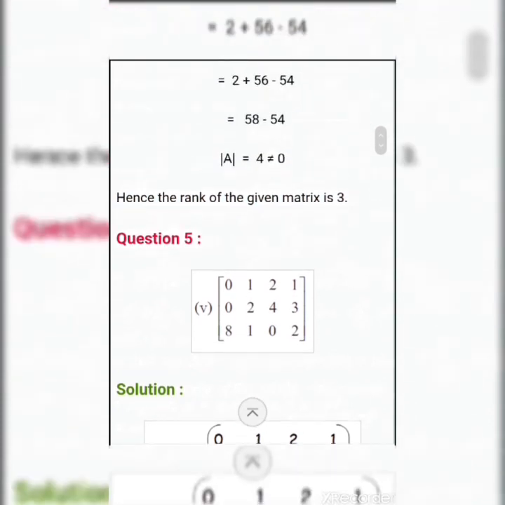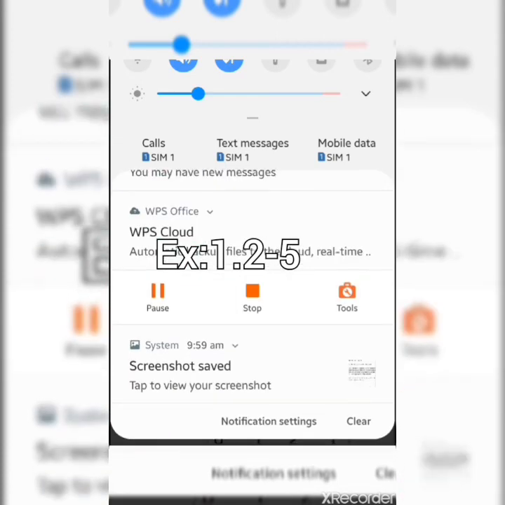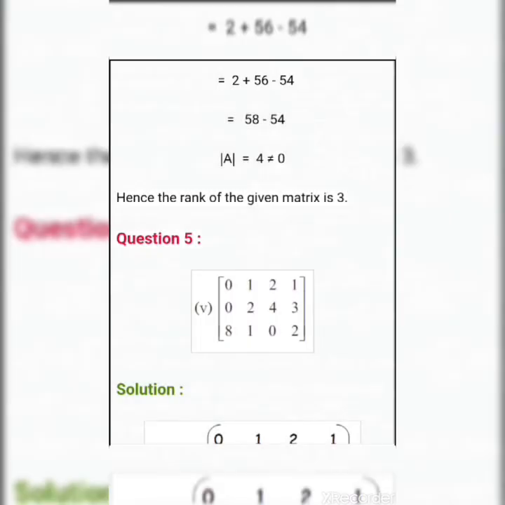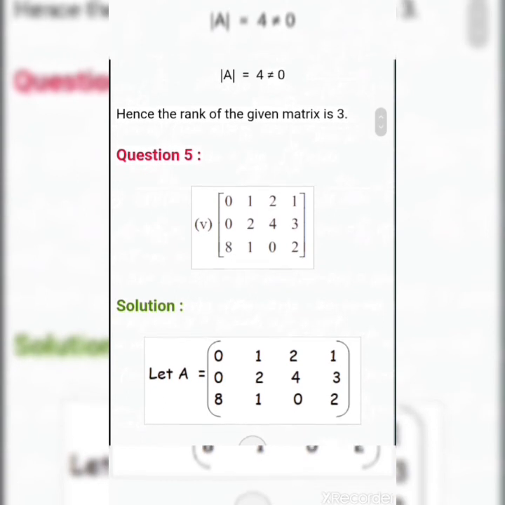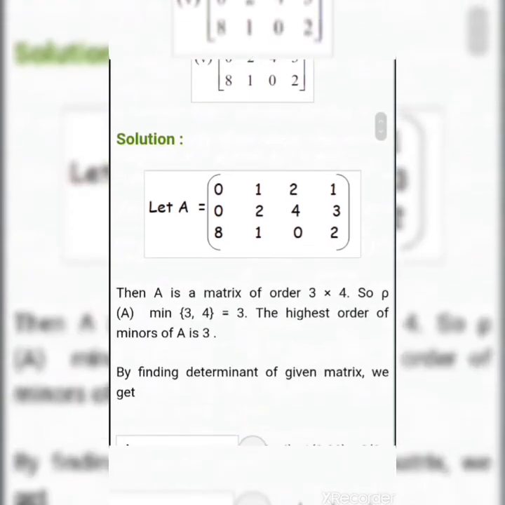Next, question number 5. The order of the matrix is 3 by 4: 0, 1, 2, 1; 0, 2, 4, 3; 8, 1, 0, 2.